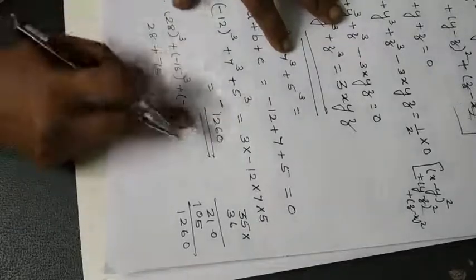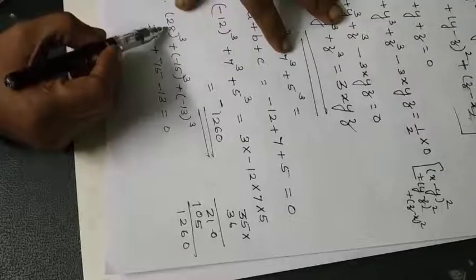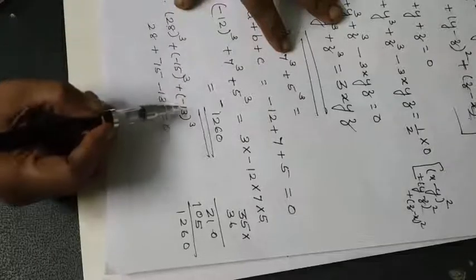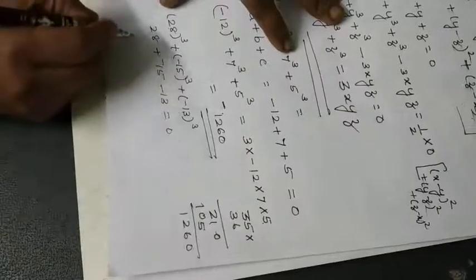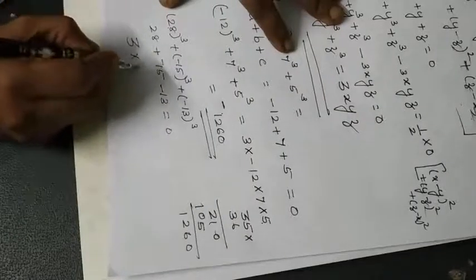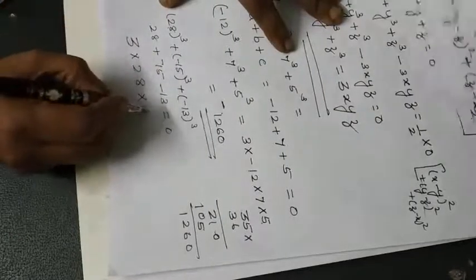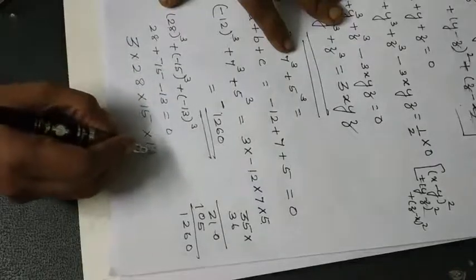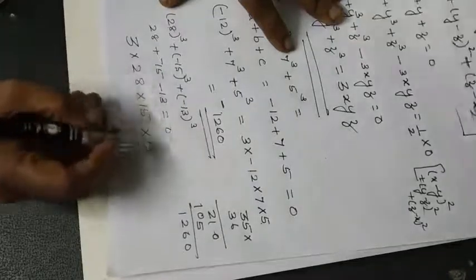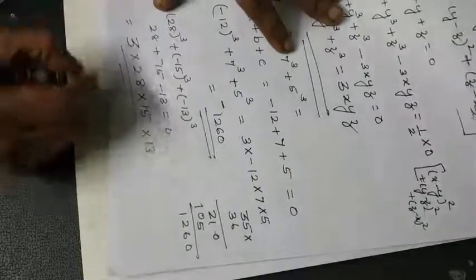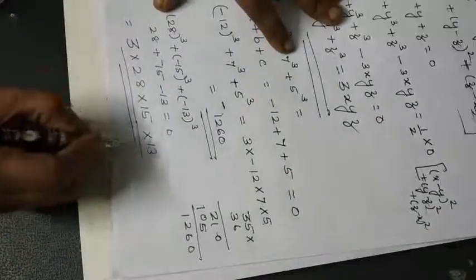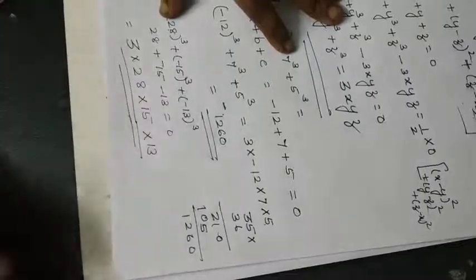So what will be this one? Multiplication 3 into 28 into 15 into 13 it will come. So the final answer will be 3 into 28 into 15 into 13. Here both are negative, so two terms are there, so the final result will be a positive quantity. Multiply and get the answer.